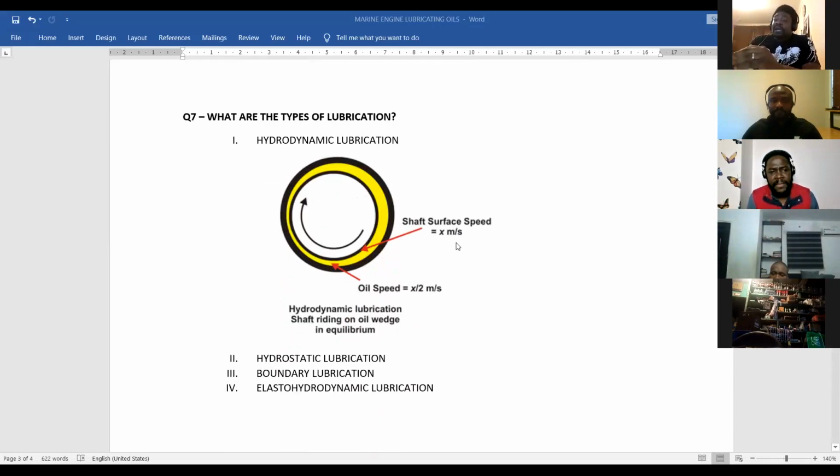And if it's not full film, it will be boundary lubrication, thin film lubrication, or they will use another confusing word, hydrostatic lubrication, which basically is if it's not thin film, it's thick film.